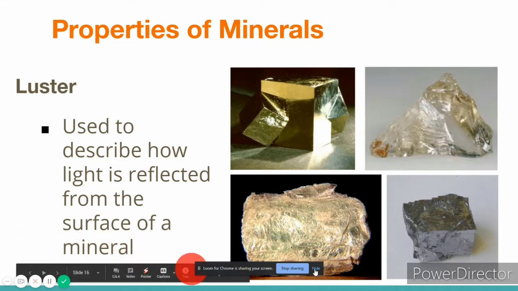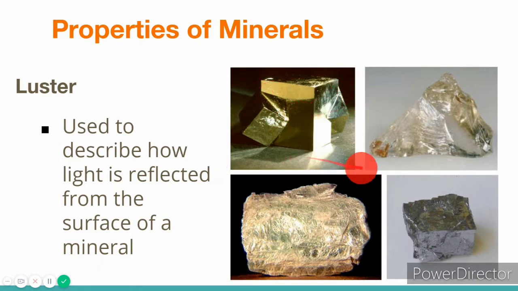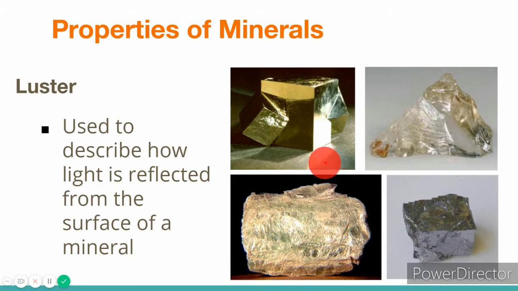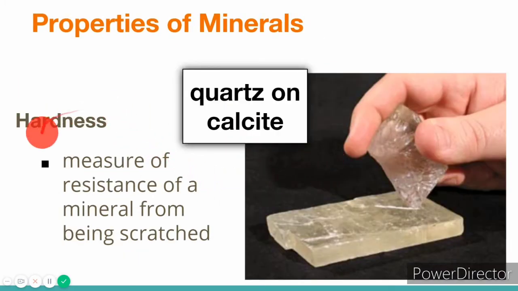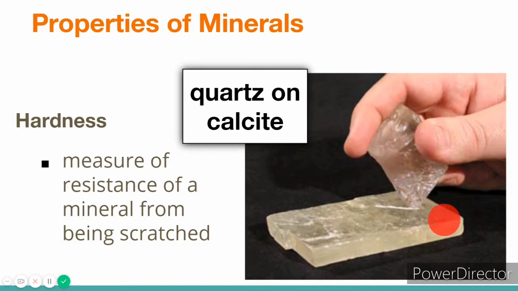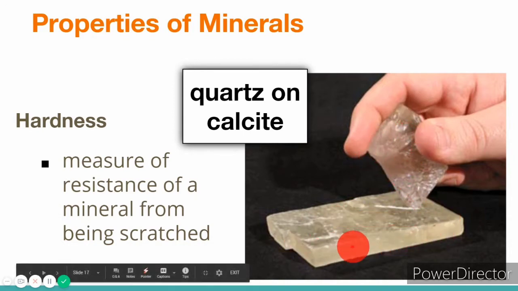When we talk about luster, we oftentimes think about how sparkly a mineral is, because it talks about how light is reflected off of it. When we talk about hardness, we talk about the mineral's ability to resist being scratched. Here we have quartz trying to scratch calcite.